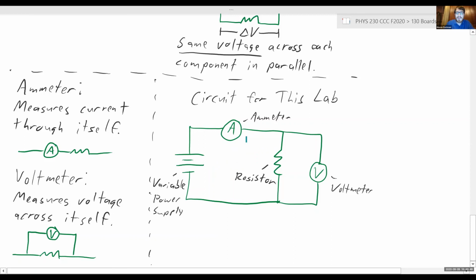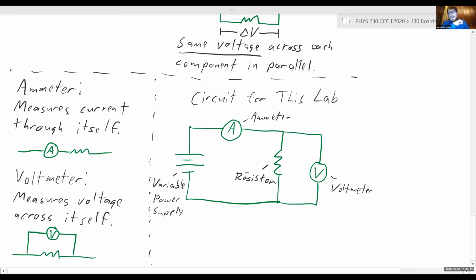We have an ammeter, which, if it weren't for the presence of this voltmeter, would be directly in series with our resistor. That can be used to measure the current passing through that resistor. And we have the voltmeter, which is directly in parallel with our resistor.